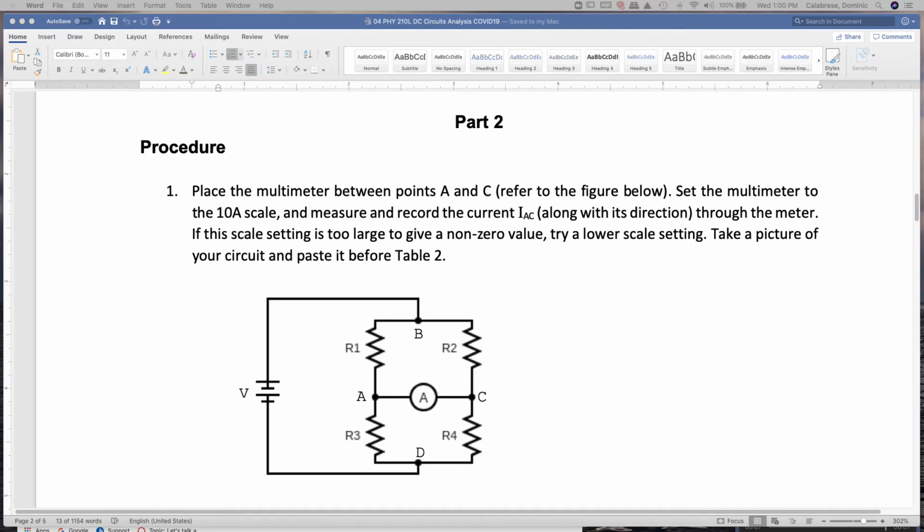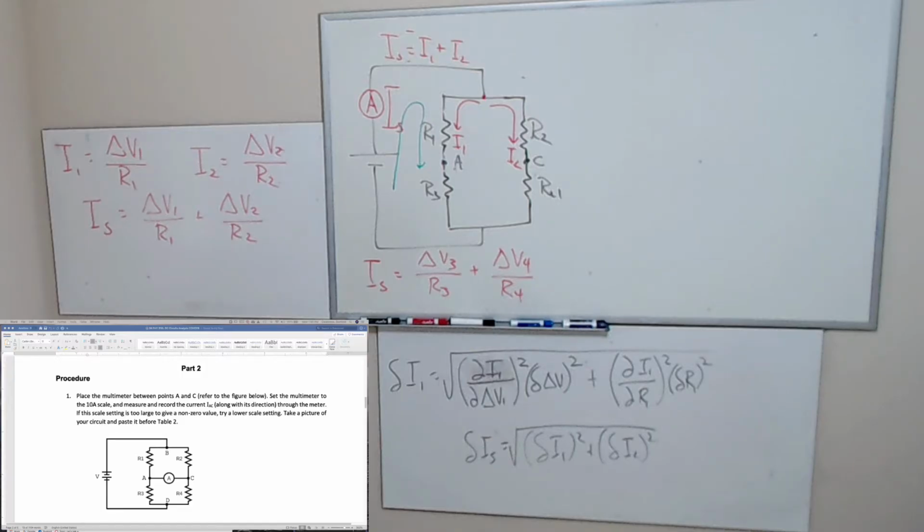So in this particular case, well, typically when you do the analysis, you assume it's low compared to R1 and R2. But when you analyze experimental errors, you've got to consider that, right? When you consider experimental error, you've got to take into account the fact that the meter does have resistance.